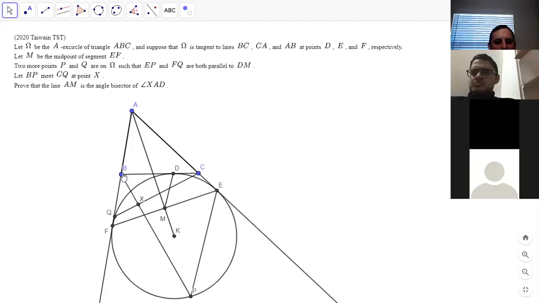Wait, now I'm confused. I think we cannot use the isogonal line lemma.